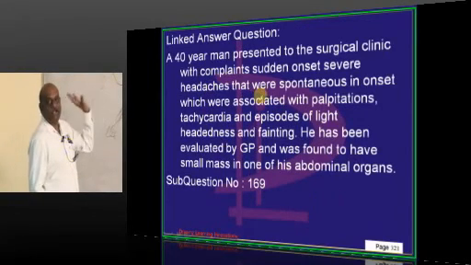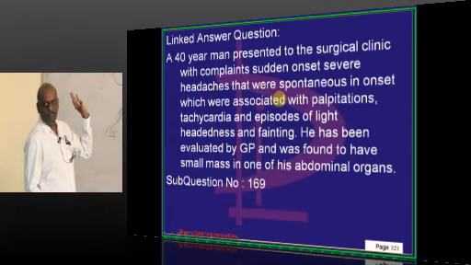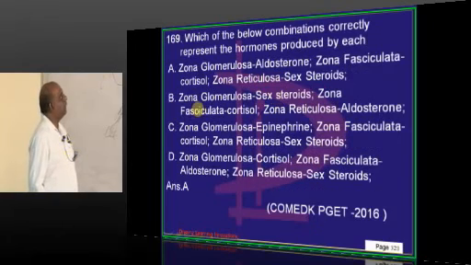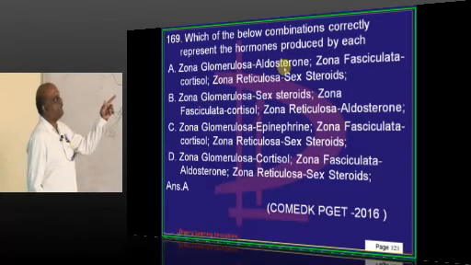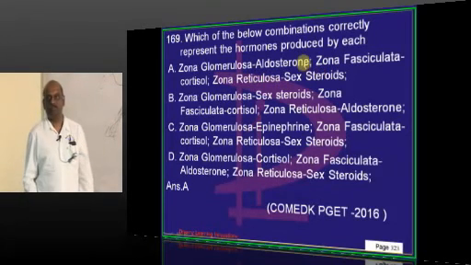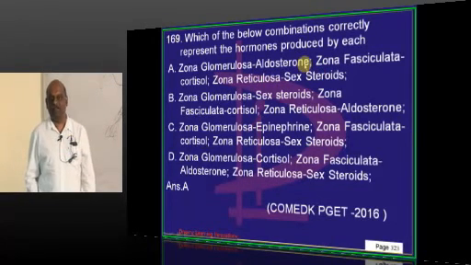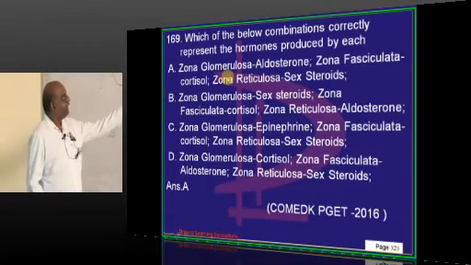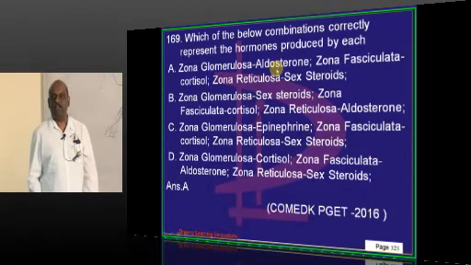The patient is having pheochromocytoma, doctor, all the story says, faintness, etc. Glomerulosa is aldosterone, fasciculata is cortisol, reticularis is sex steroids. How will you remember in the exam hall? Glomerulosa, ultimately aldosterone goes and acts on the kidney, which has a glomerulus.